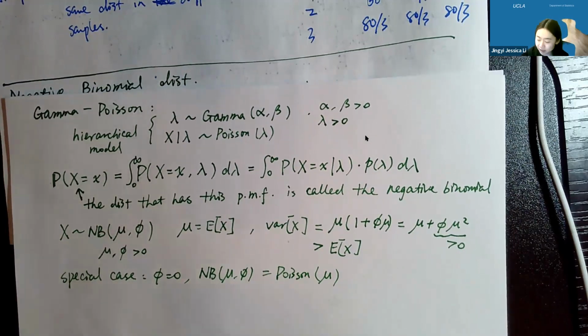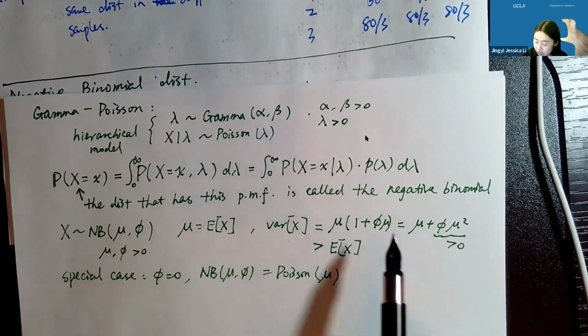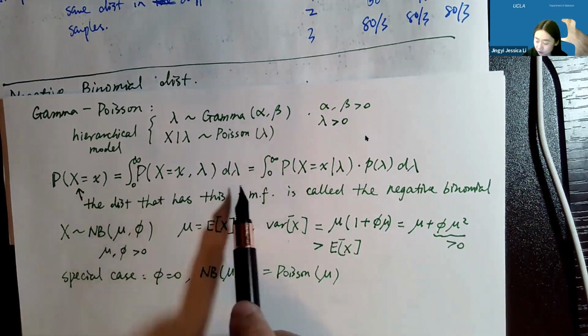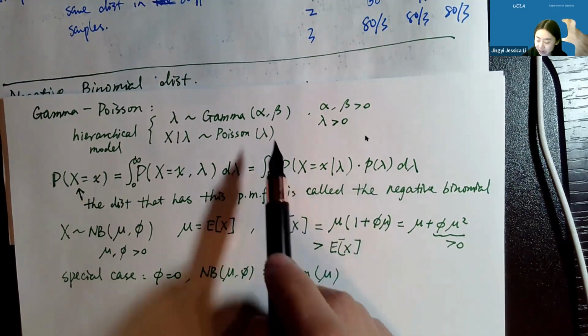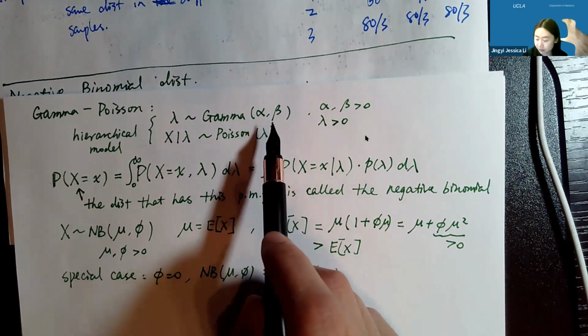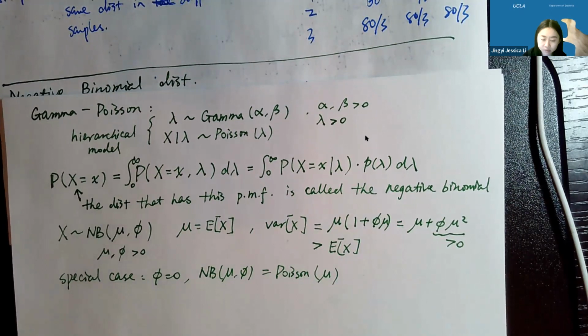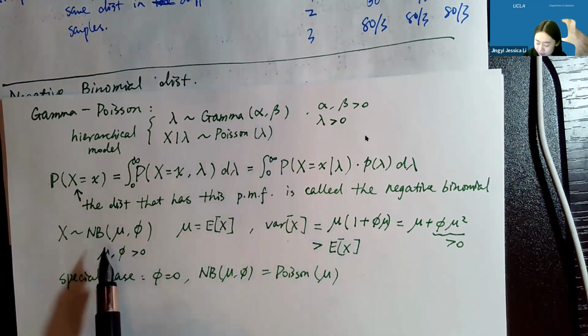And I'm not going to talk about it in detail, but there is actually some relationship between alpha, beta, and this mu, phi, okay? Because if you do the integration here, what you will be left with is just alpha, beta. Lambda will be gone. It will disappear after integration. So there is some one-to-one relationship between the gamma alpha, beta, and NB mu, phi here, but I'm not going to give the actual formula because it's not very important.